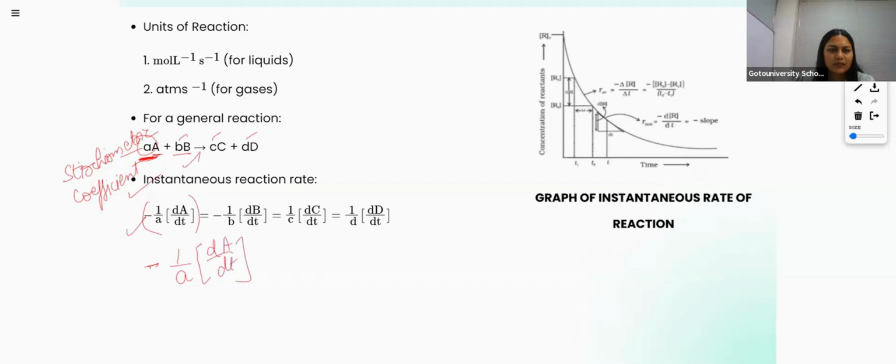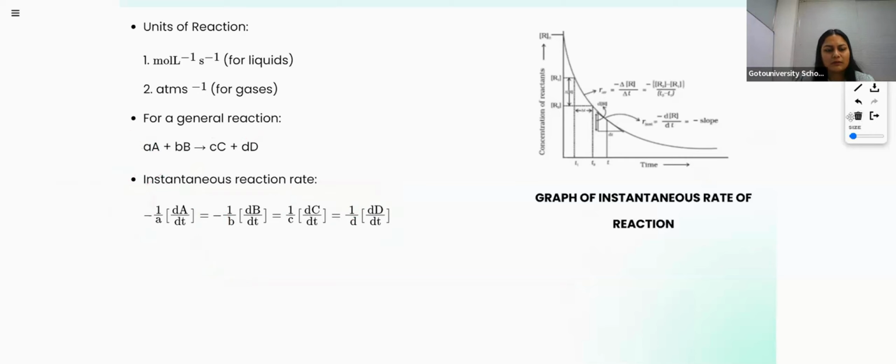Similarly for B, with the negative sign. Why? Because for reactants we write the change in molar concentration with a negative sign, and for the product side it will be a positive value.